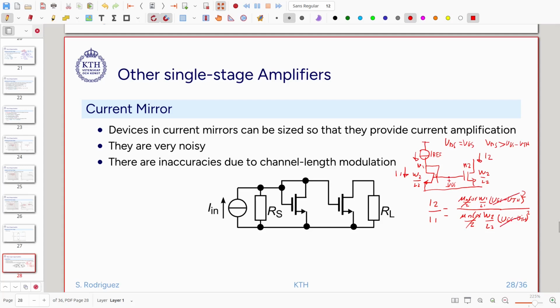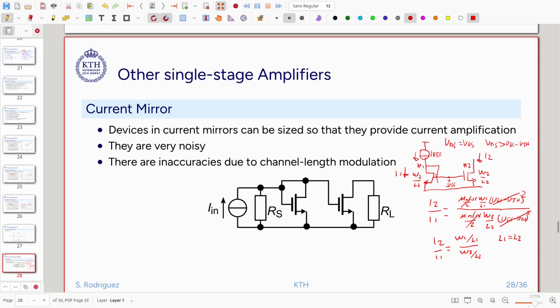So the current ratio between these two transistors depends on the geometry of the transistors, the width and the length. Now, for practical purposes, almost always we keep both lengths the same, so the transistors have the same length, and we can match these devices much better.